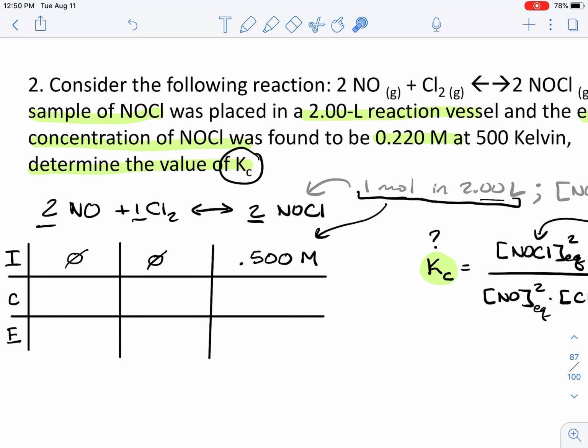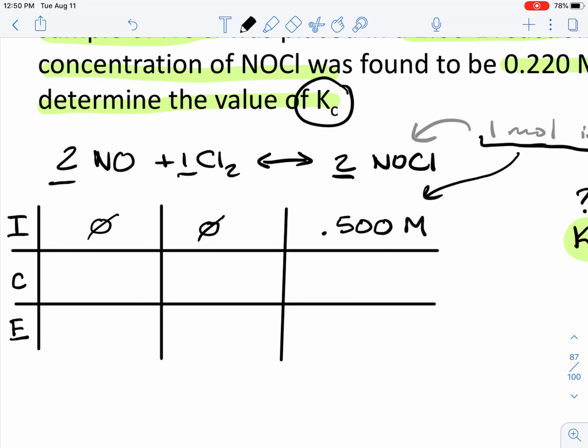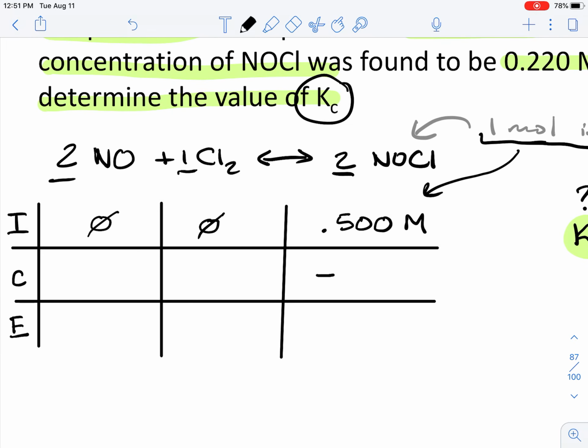The chemical system will go from the products to the reactants. So this time we're working in reverse. In this scenario, we're going to consume products, so it's going to be minus, and since we have a coefficient of 2, it's going to be minus 2x.